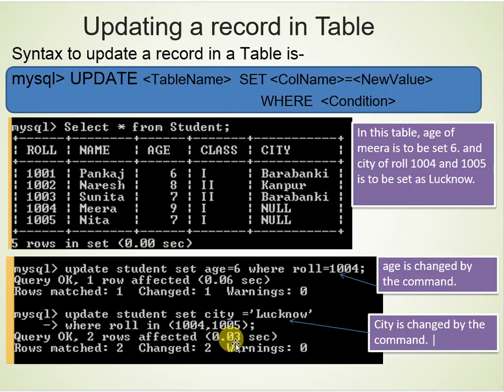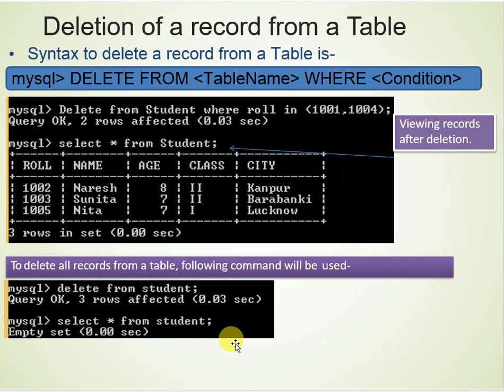Now we will move to the next. See, if you want to delete some information from the table, how can you delete the information? See the syntax. Delete is the command, from keyword, then you have to specify the name of the table, and then you can specify the condition using the where clause.